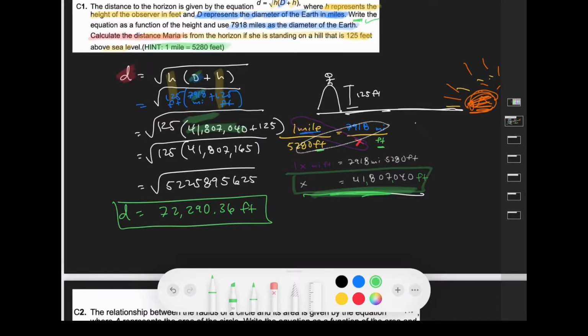Calculate the distance. Now it doesn't tell me if they want that in feet or if they want that in miles. Let me look at the answer and see what they have here. Okay, so they have both feet and miles. Let's just say you wanted miles. I would just, you can use the same conversion.